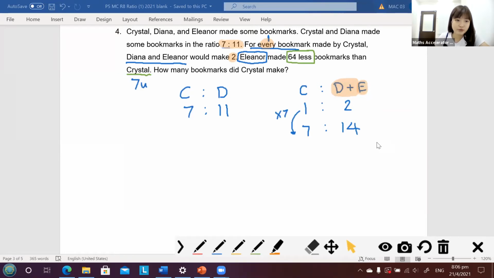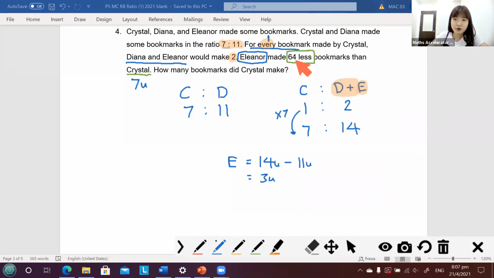Yes, I see some of you writing in the chat already. 14 is Diana and Eleanor. And we know Diana is 11 units. So to find Eleanor, we just need to take 14 minus away Diana, correct? So Eleanor, let's write it down. 14 units minus Diana, it will be 3 units, correct?